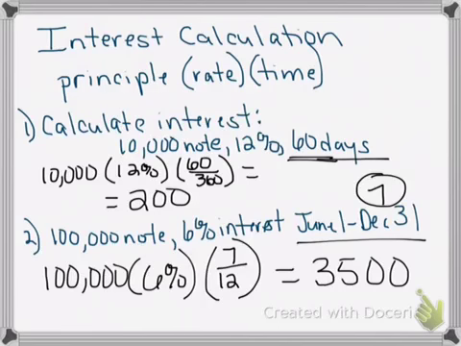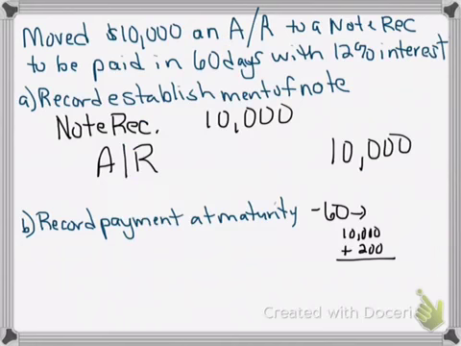So when we look at this interest calculation, it would be the $10,000 note times 12% annual interest rate for 60 days, so it would be 60 over 360. So we found that to be $200. So that's what we have, $200 in interest for the 60 days.